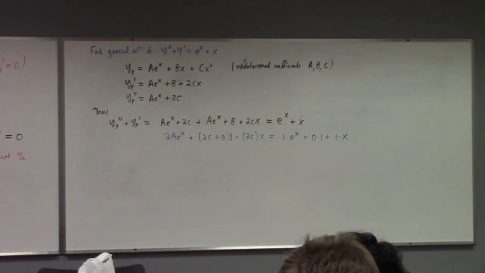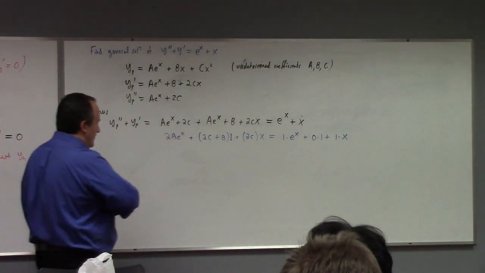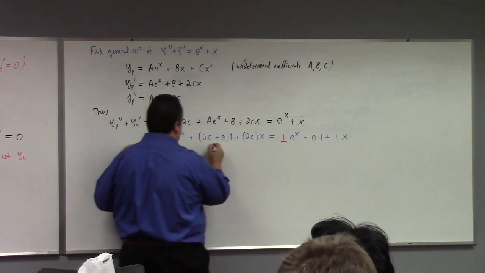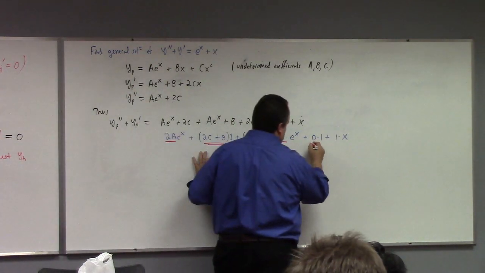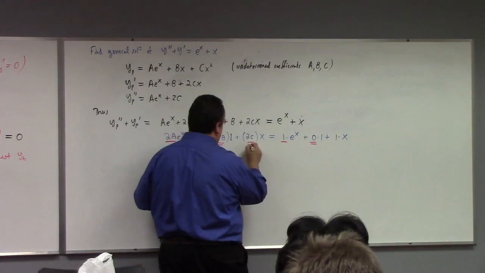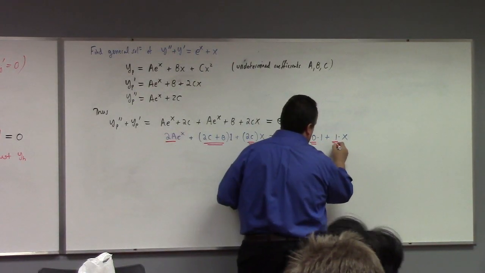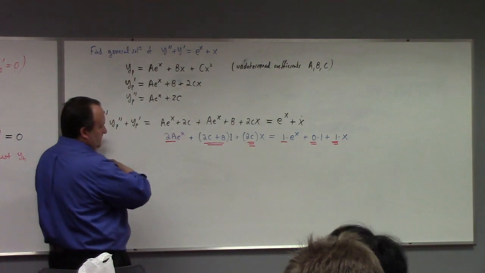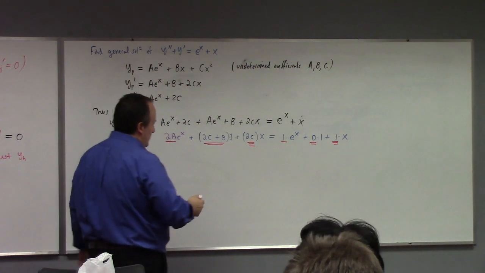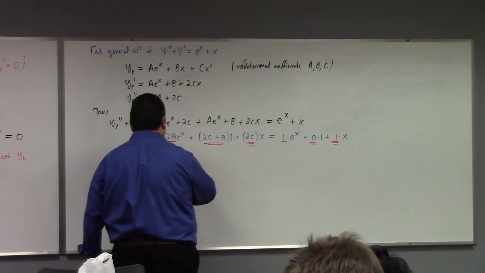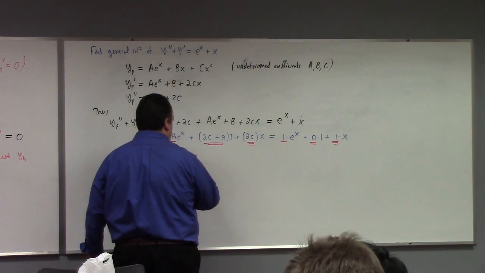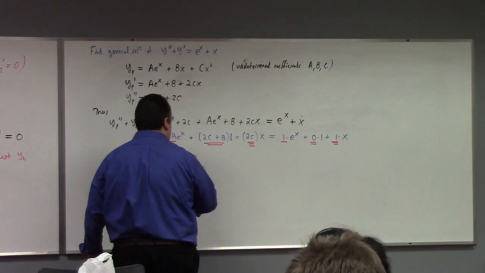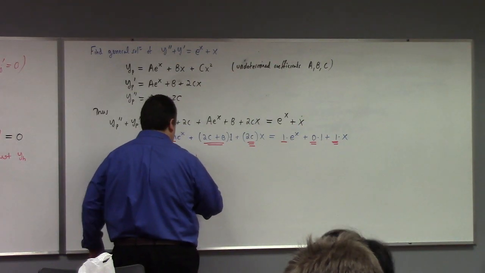So the only way this equation can be true is if separately 2A is equal to 1, 2c plus b is equal to 0, and 2c is equal to 1. Equating coefficients of e^x, 1, and x.